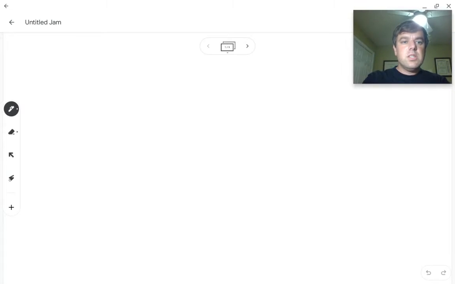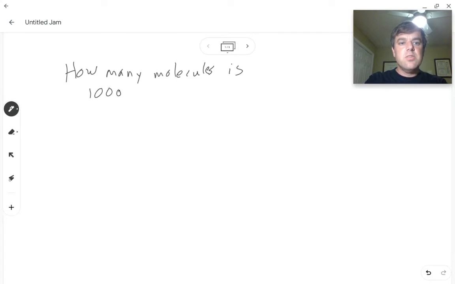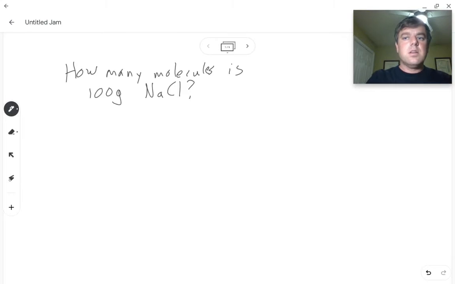All right, so let's consider the question, how many molecules is 100 grams of sodium chloride? This problem is one of the more difficult problems that you could face in a standard mole conversion problem.